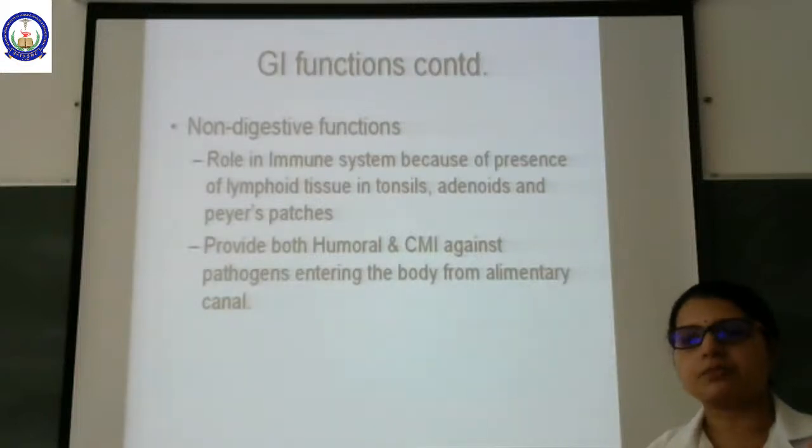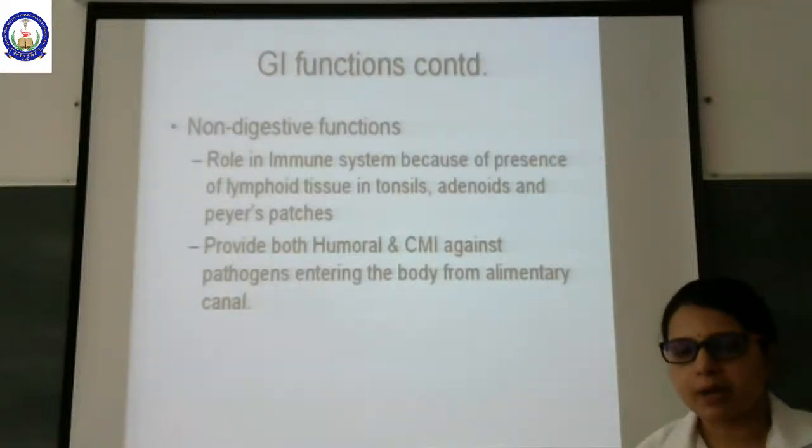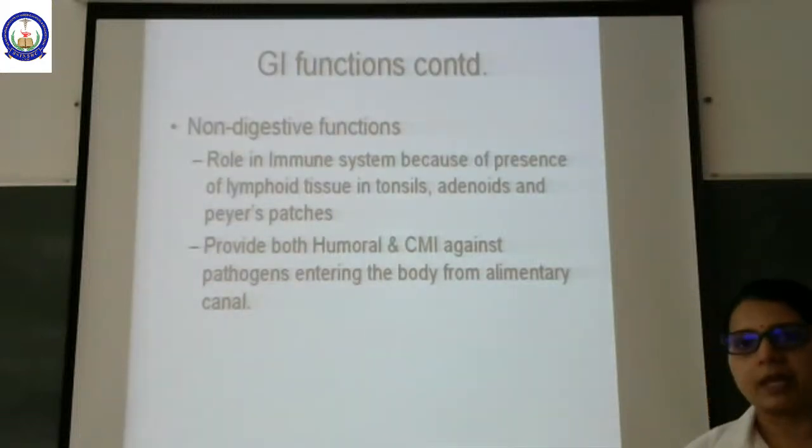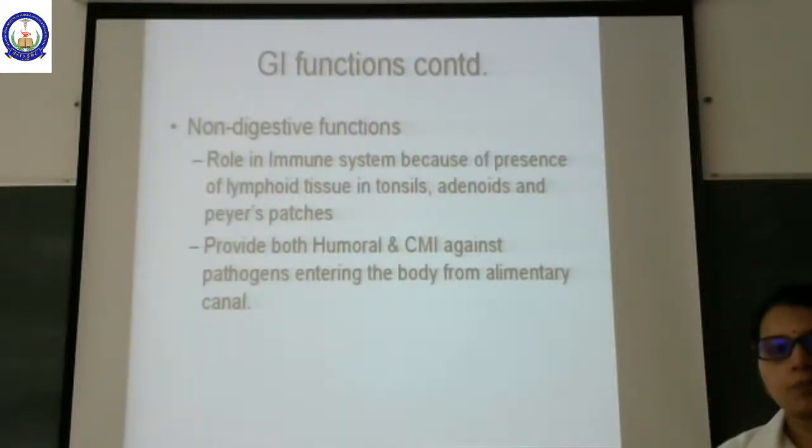So we need to have so much lymphoid tissue in the digestive tract because we are continuously getting exposed to various microbes which may be present in the food, or which may be present in the infected food. Okay, in order to protect us from the infections, we need to have a large amount of lymphoid tissue in the alimentary canal.